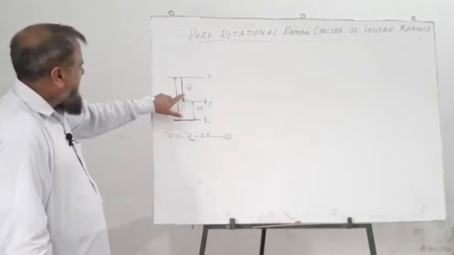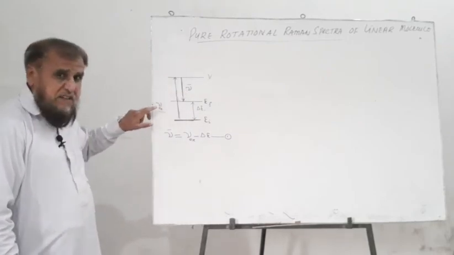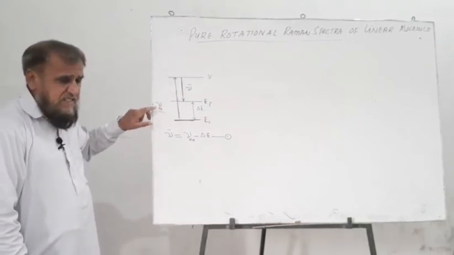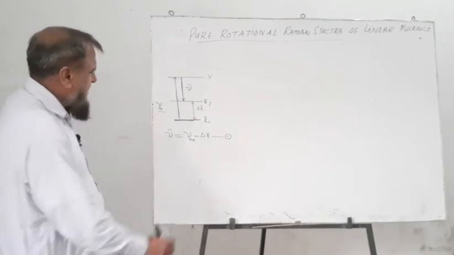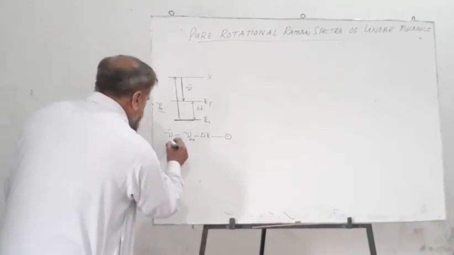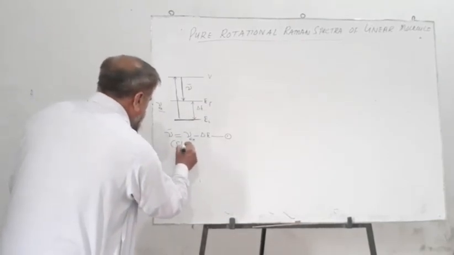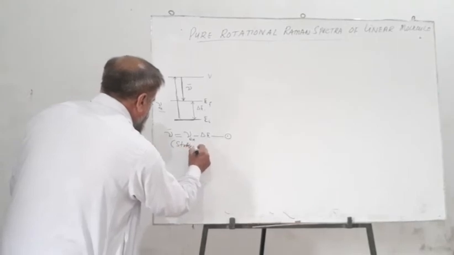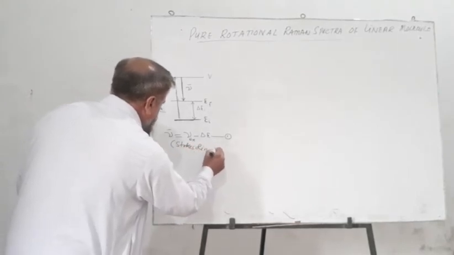This frequency of the scattered radiation will be less than the frequency of the exciting radiation or incident radiation, and it will lead to Stokes lines, as we had already discussed.